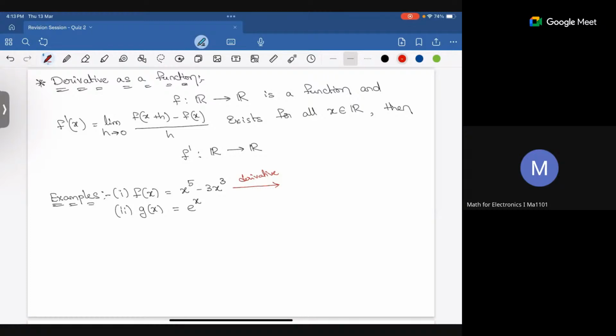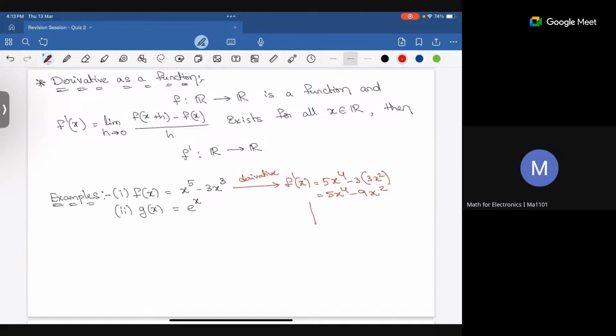So for this function, f prime of x will simply be 5x power 4 minus 3 into 3x square. Right, using the differentiation rules, we know how to compute the derivative. And this is a new function. You see, this is a polynomial of degree 4 now. So 5x power 4 minus 9x square.